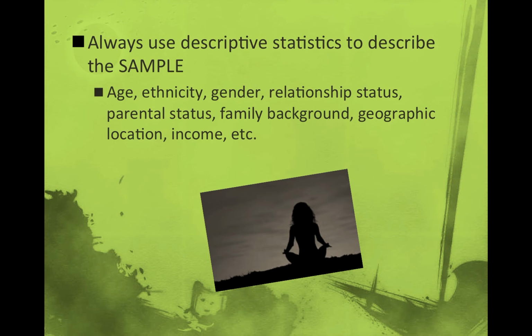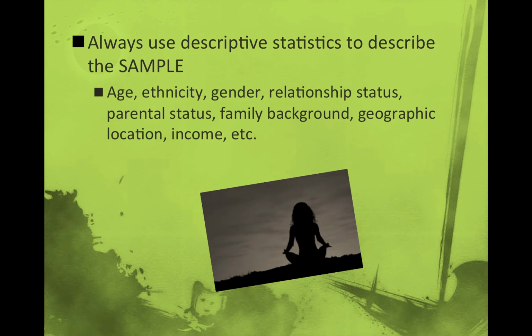The first thing that you do after you collect data is you calculate descriptive statistics on your demographics. So, as mentioned before, you always collect information about your sample so that you can describe them. So, examples are age, ethnicity, gender, relationship status, parental status, family background, geographic location, income, career, grade, whatever.